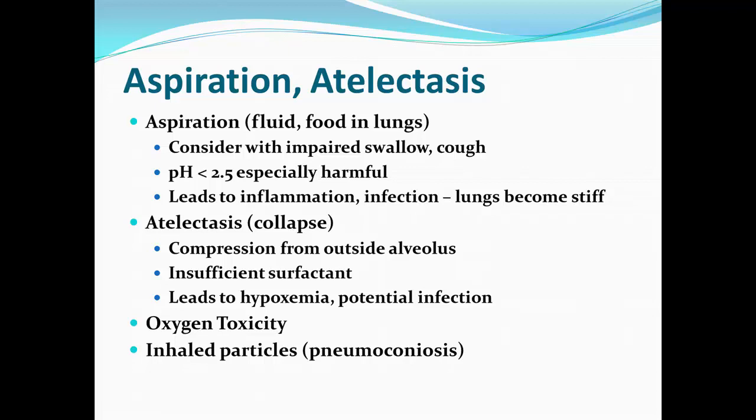With an aspiration, pH matters. Although very low pHs can be especially harmful and lead to an aspiration pneumonitis, highly alkaline secretions are also problematic. For example, we've seen an increased incidence of aspiration pneumonitis with changing gastric pHs in those individuals who chronically use proton pump inhibitors.